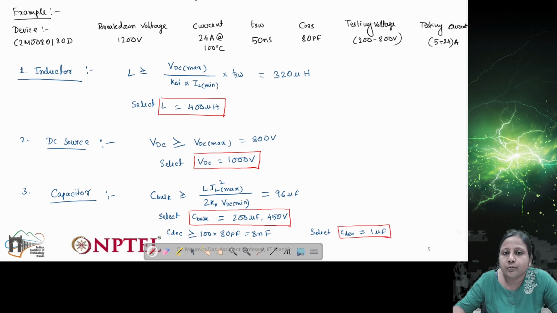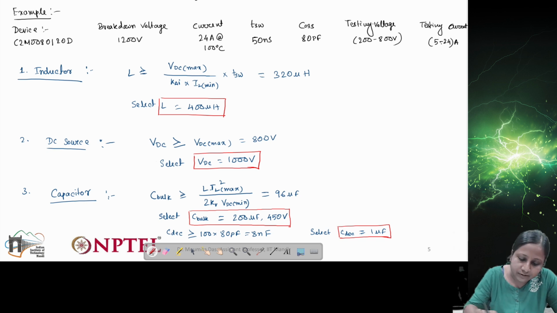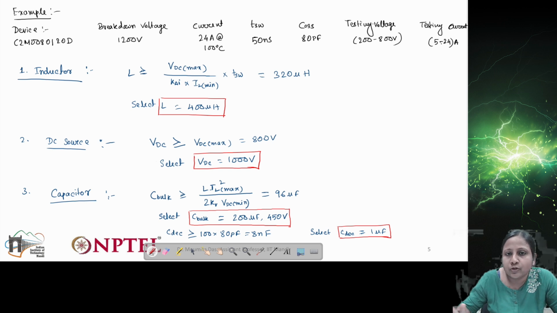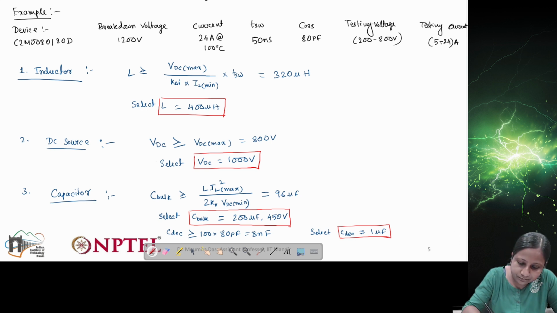If we have a very low value of capacitor, the voltage will be very high. The initial high voltage requirement, or any transient condition, can be supplied from the capacitor. If we don't have the capacitor, that will directly affect the DC source. If we have the capacitor, that component will come from the capacitor.